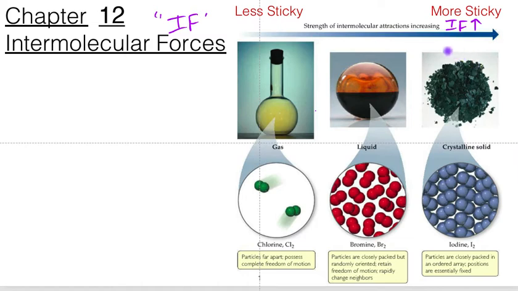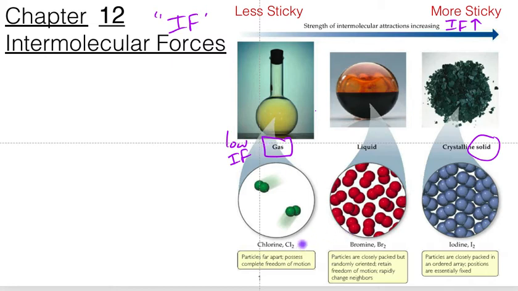The way that manifests itself in the physical state is that higher intermolecular forces are more likely to give a solid, and on the other end you have gases, which have low intermolecular forces. So that's your basic trend for the relationship between phase and intermolecular forces.